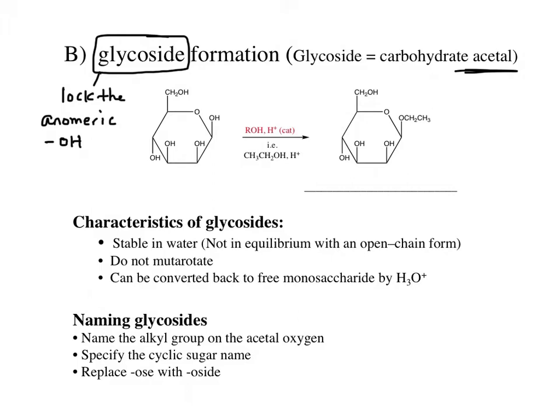Now, as it applies to a sugar, when it first closes up, here's your skeletal structure, here's your anomeric OH, and let's just draw it like that. That is a hemiacetal. To see that it is, just take a look at the straight chain sugar. There's the aldehyde, there's all your groups down here. Here's your last chiral carbon.